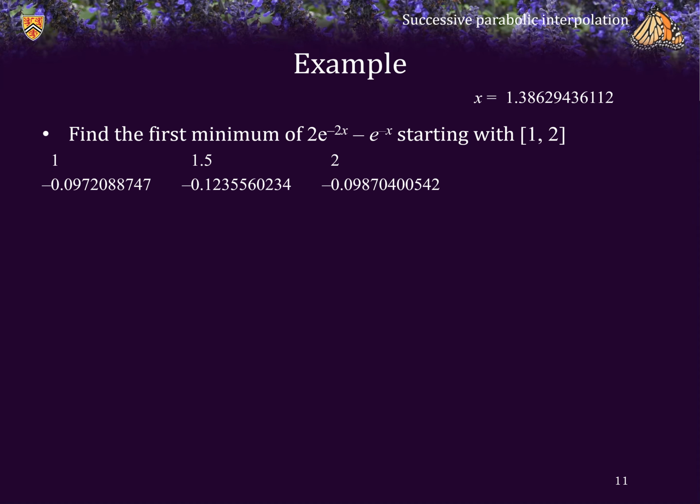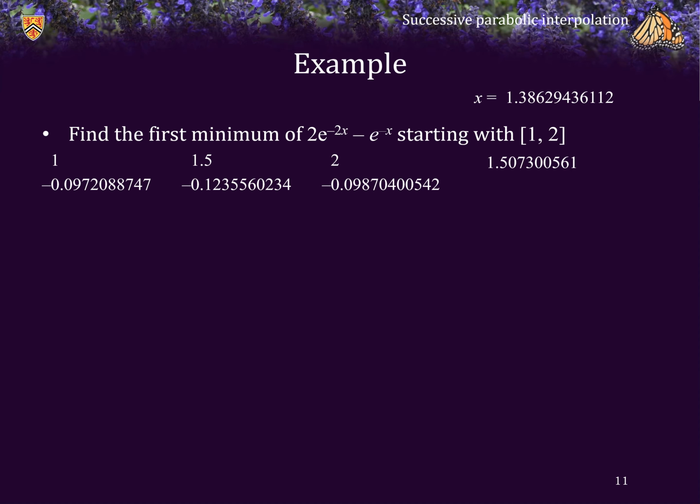So starting with 3 equally spaced points, we can evaluate the function at these 3 points, and using our formulas, we can find the minimum of the interpolating quadratic. And it is at the point x is equal to 1.5073 and change.